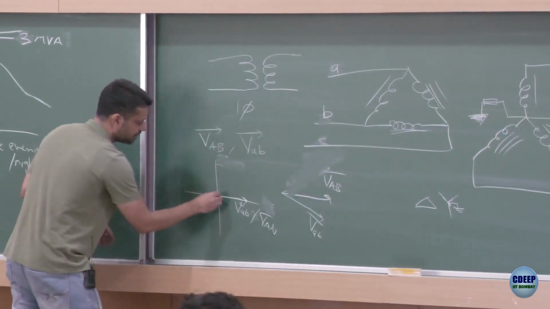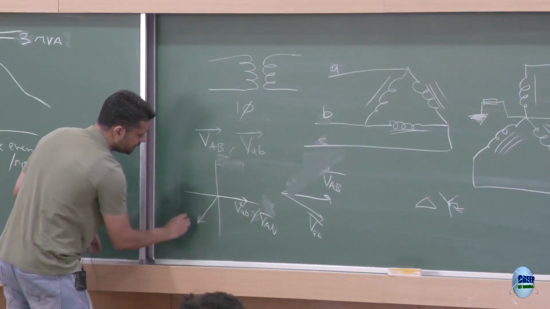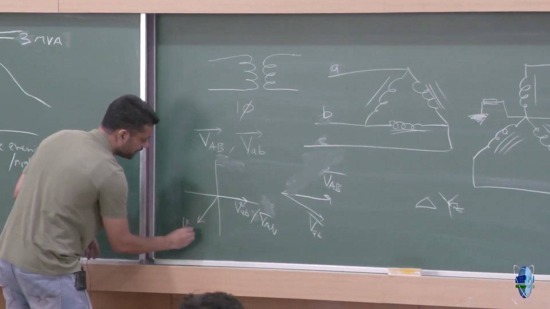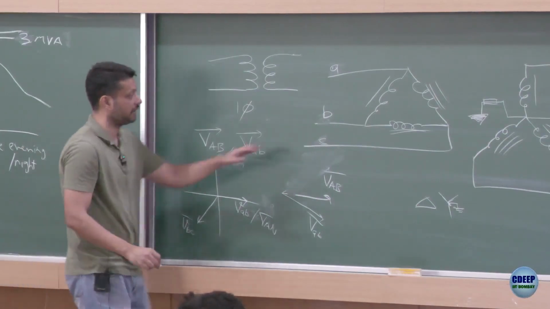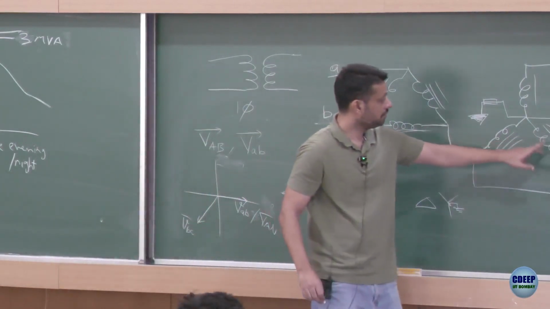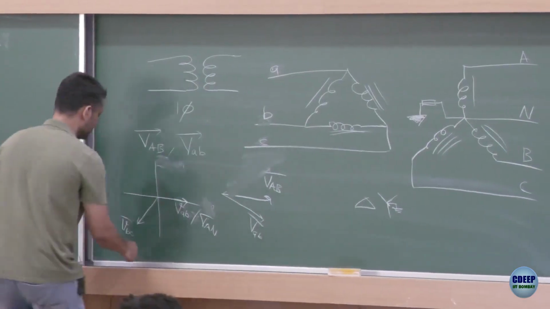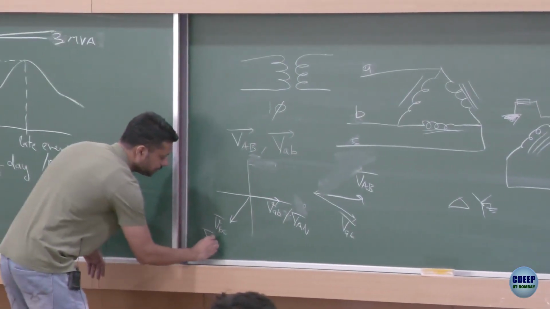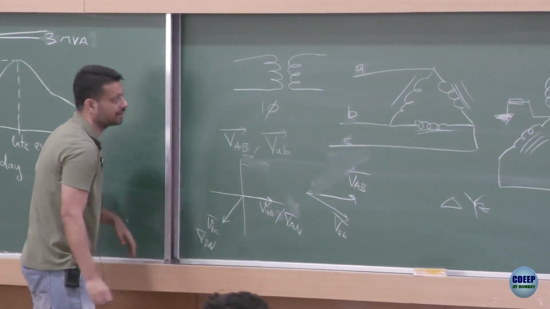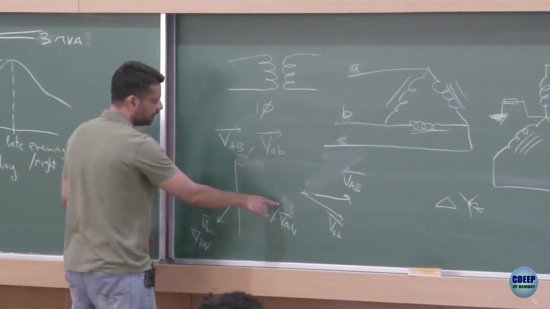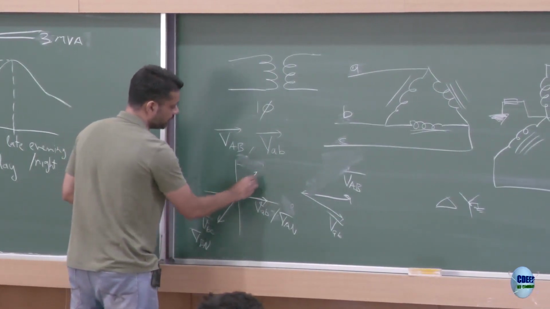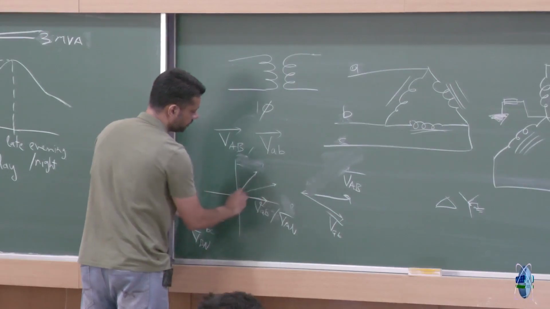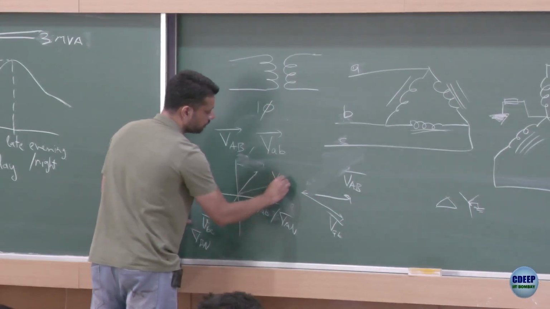And this is small Vbc, which in terms of angle is the same as VBN. This is capital VBN, and therefore capital VAB will be capital VAN minus VBN, which would be this one.